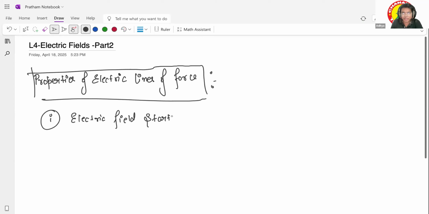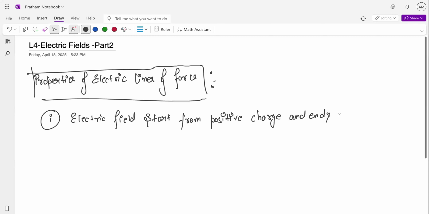From a positive charge, and ends at a negative charge.